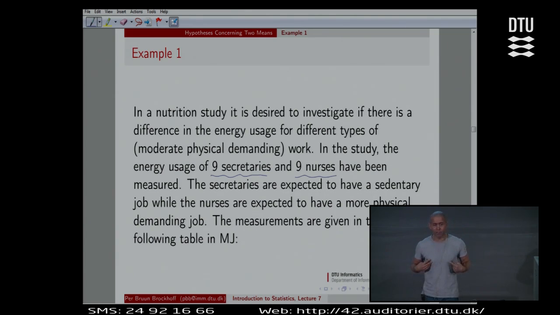If there is nothing that calls for something to be one-sided, the default setting is two-sided.